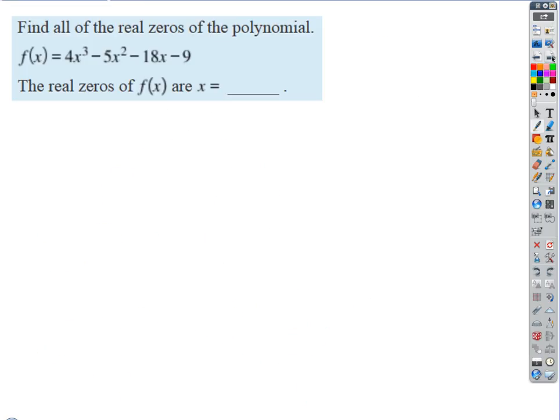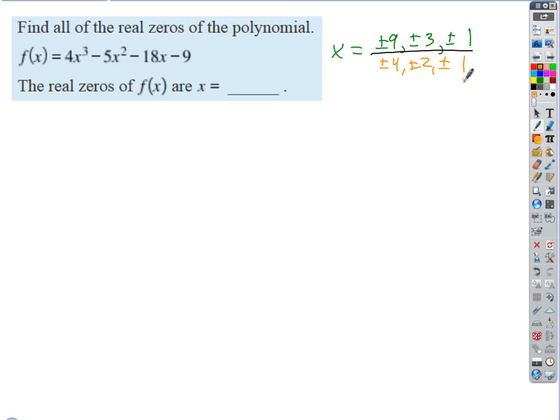So in this case, zeros would have to look like factors of -9: plus or minus 9, plus or minus 3, or plus or minus 1, divided by what could the denominator be? Plus or minus 4, plus or minus 2, plus or minus 1.